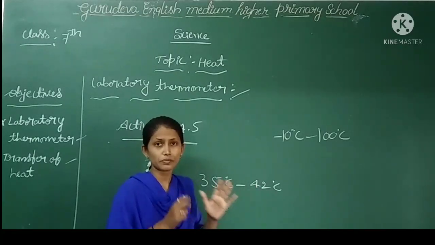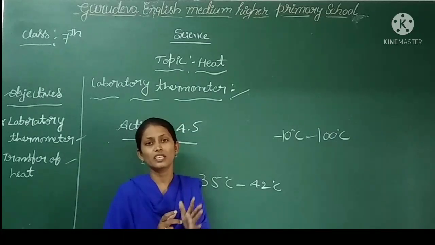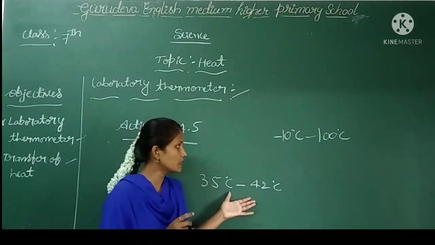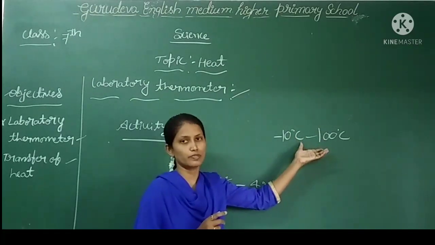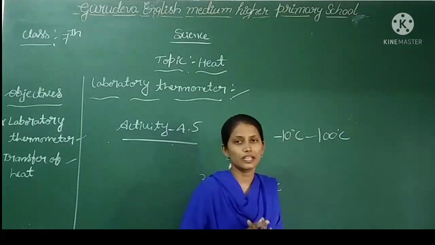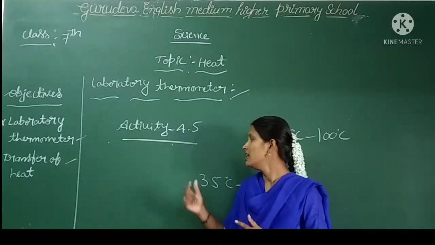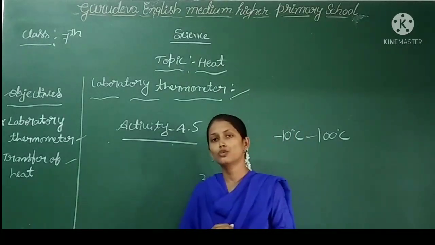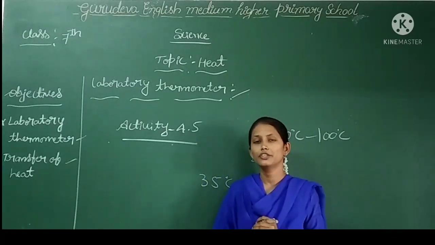So we use two different kinds of thermometers to measure body temperature and the temperature of certain objects. Clear? The laboratory thermometer is used to measure the temperature of objects, and the clinical thermometer is used to measure the temperature of humans and animals.